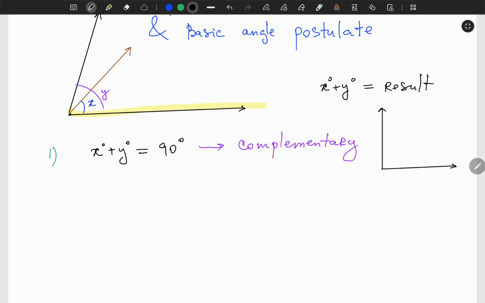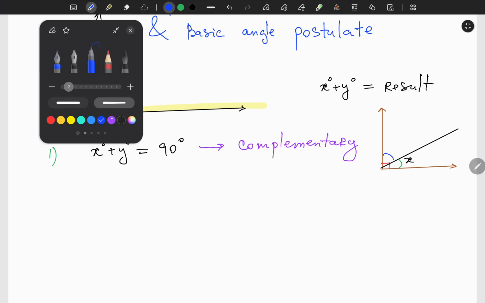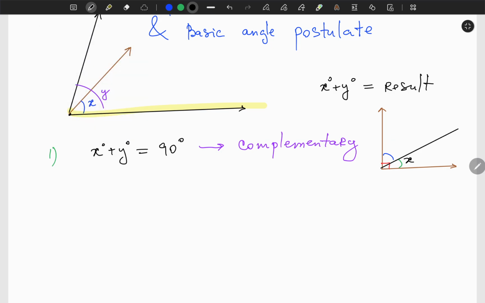This is 90 degrees, and the rays represent other angles. Let this be angle x, then the other part is angle y. If we add them and get 90 degrees, we call them complementary.